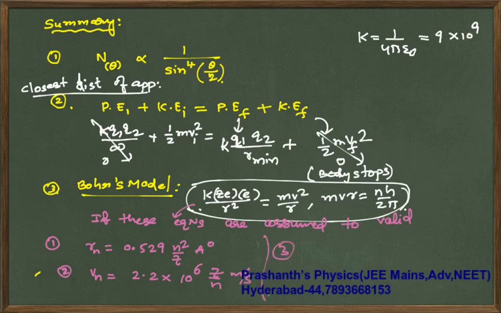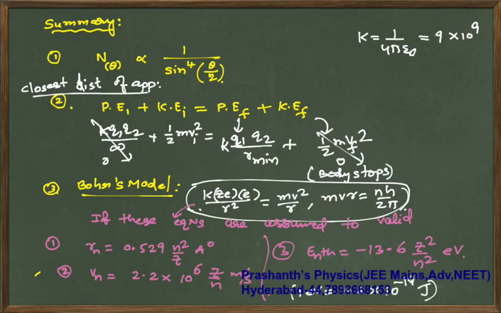Third one is energy of electron in nth orbit is minus 13.6 z square by n square electron volt. So here while solving problems, if you have 1 electron volt, consider this to be 1.6 into 10 power minus 19 joules.